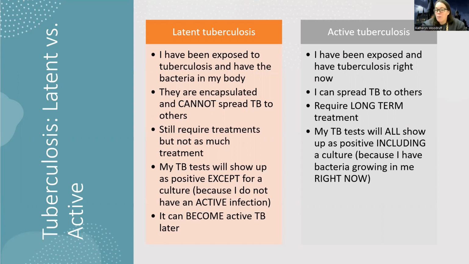My body can probably go in and take all that bacteria that's in my lungs that that other person spread to me, and they can kind of pretty much encapsulate it or steal it away and hide it in my lymph nodes and in my lymph area.